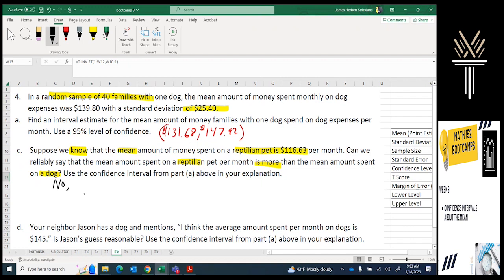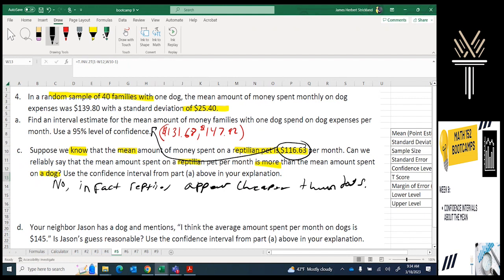No. In fact, reptiles appear cheaper than dogs because 116.63 is smaller than the overall interval.